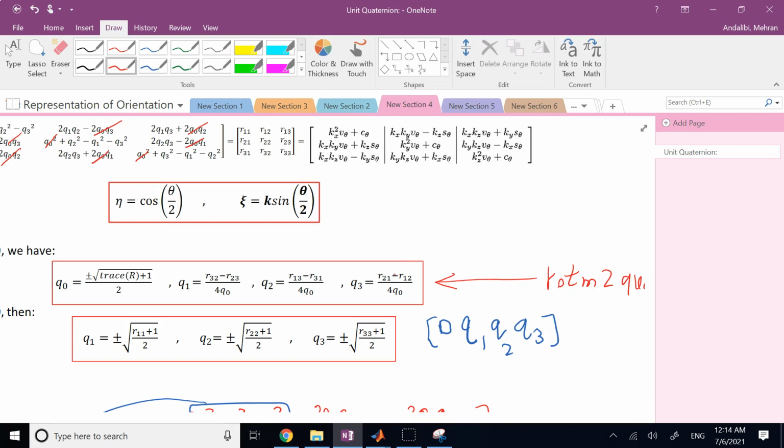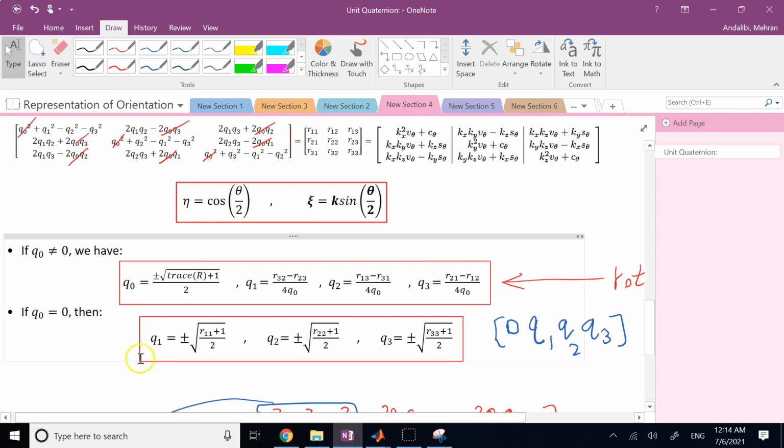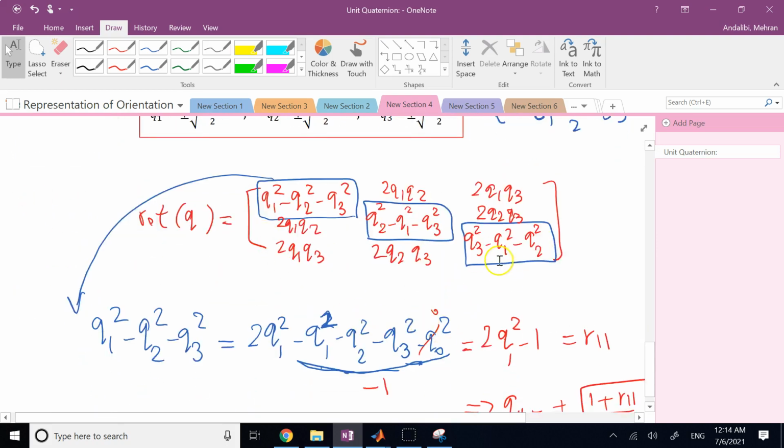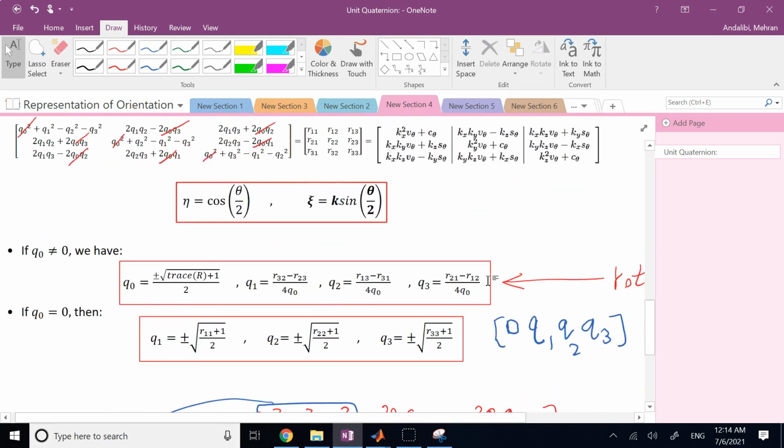That's the reason quaternions are used as the stable or the reliable method of showing orientations. Because whenever you are calculating them, you will not go to any mathematical singularity. That's the advantage of this method.